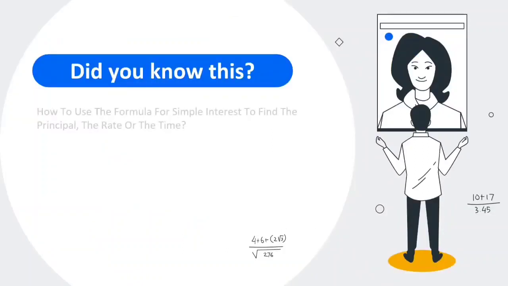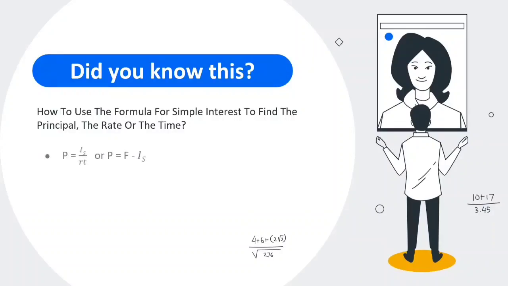Now, did you know that by using the formula IS equals PRT, we could also solve for the principal, the rate, and the term or the time? All we need to do is derive that simple formula, IS equals PRT, depending on what is asked. So for principal, that is IS divided by RT, or P is equal to F minus IS.